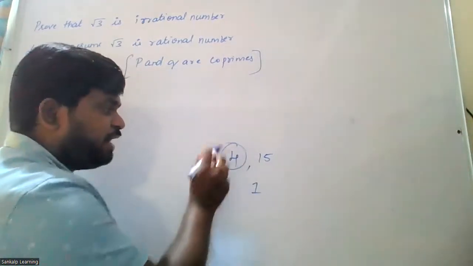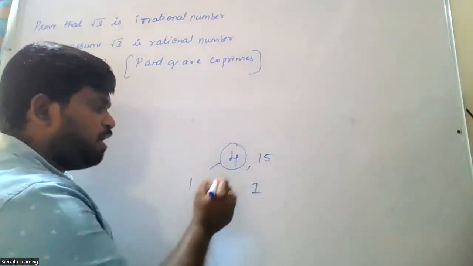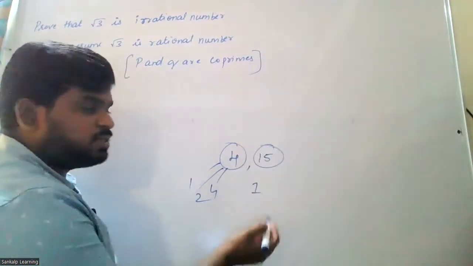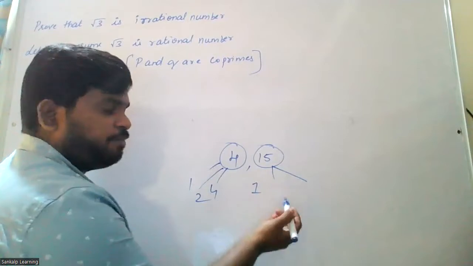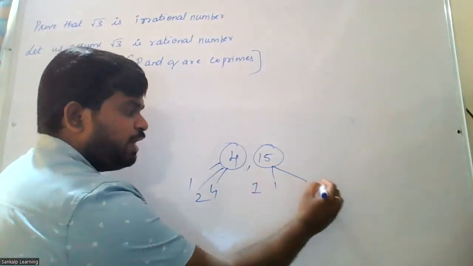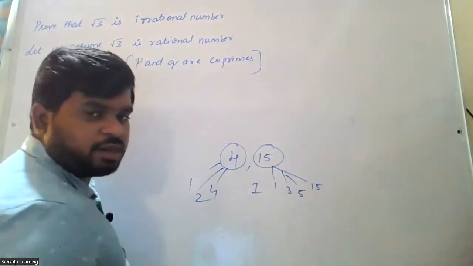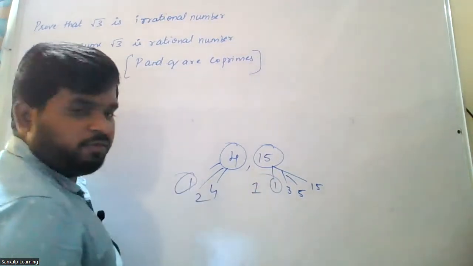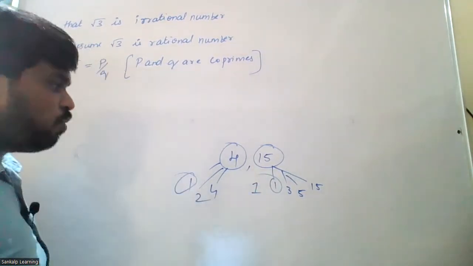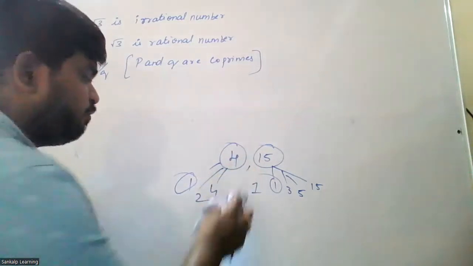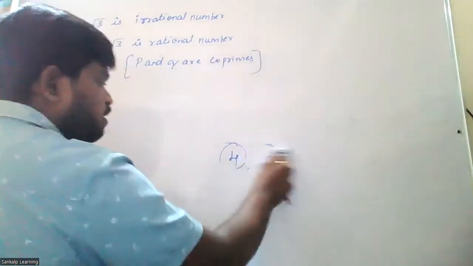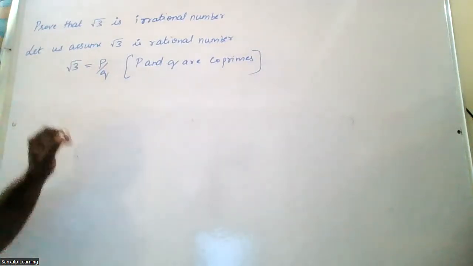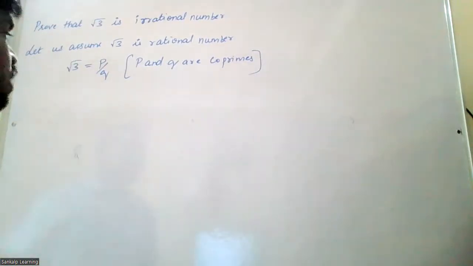But individually, 4 is divisible by 1, by 4, and also by 2. 15 is divisible by 1, 15, then 3, then 5. There are so many numbers. But which is the only number that is common? Only 1. So 1 is the only number that divides both 4 and 15. Other than this, there is no other number. Therefore, 4 and 15 are called co-primes. In the same way, p by q are co-primes, meaning both are divisible by only 1.